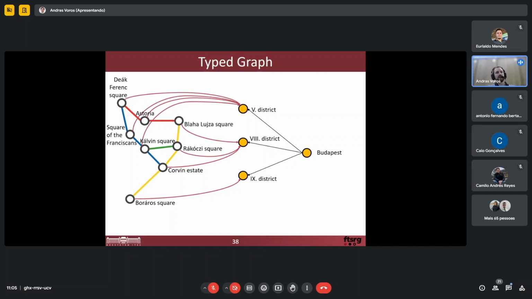And I can assign this way types to the elements of the graph. So this way I will have even more information on my stations because they will have this kind of type information. So for example, I have these 5th district stations, or 8th district stations, or 9th district stations in my graph. So that is added type information.